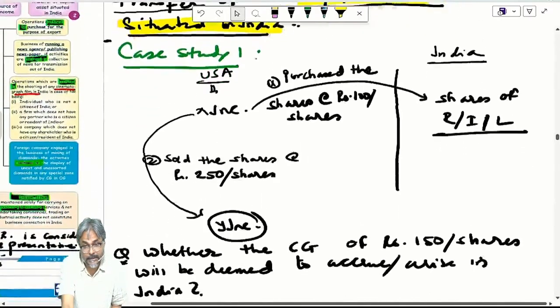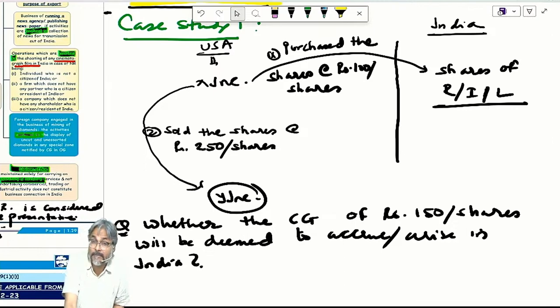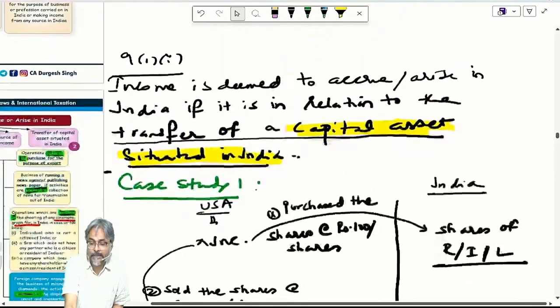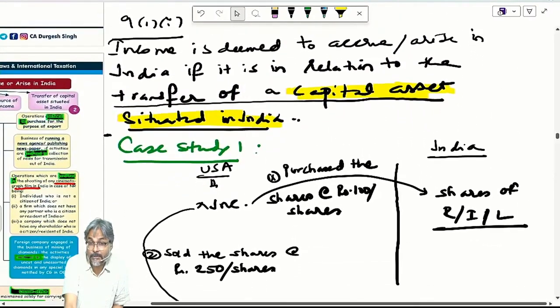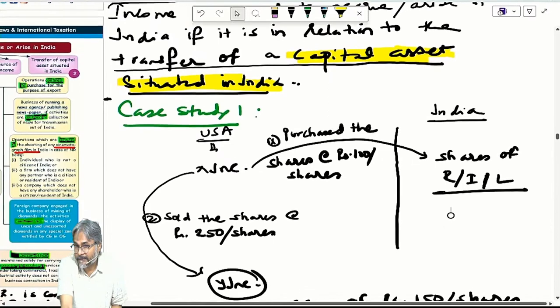This is what needs to be seen, students. So what is your take on that? What is the capital asset over here? The subject matter of transfer is a capital asset. Which capital asset have they transferred? Shares. Are the shares situated in India? How do we decide where the shares of a company are said to be situated?